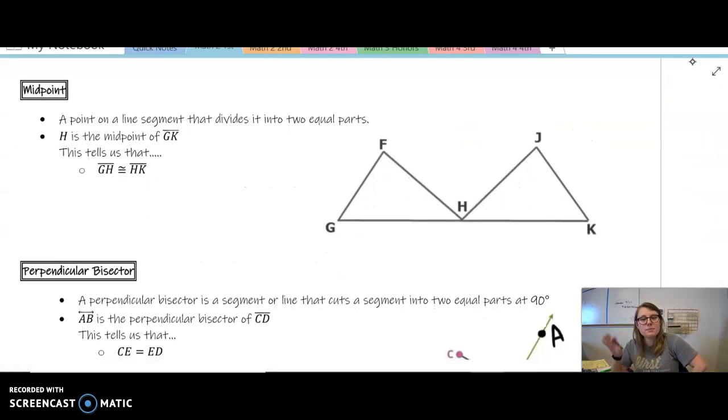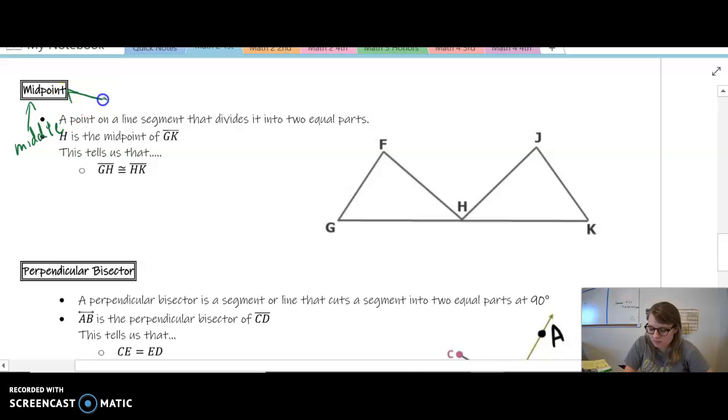So we have midpoints. Now it's kind of what you would think. It is a middle point. That's what a midpoint is. The point in the middle of a line or whatever we're defining. So again, a point in the line segment that divides it into two equal parts. If something is in the middle, that means it's going to be divided in half equally.